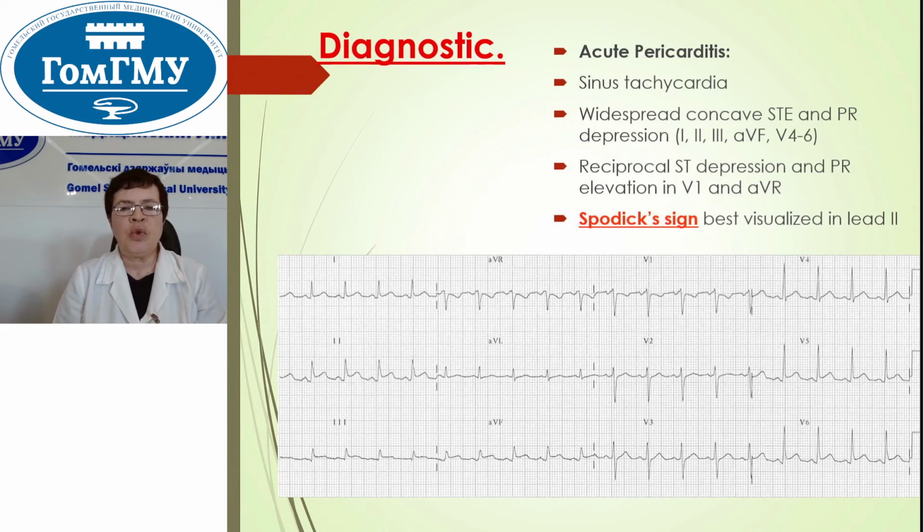On this electrocardiogram, you can see also the signs of acute pericarditis. It is sinus tachycardia.